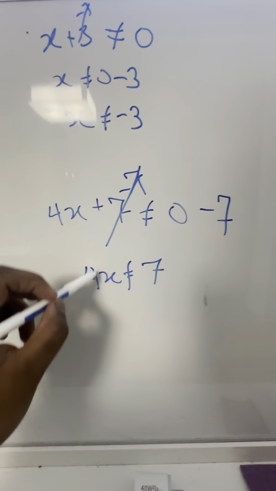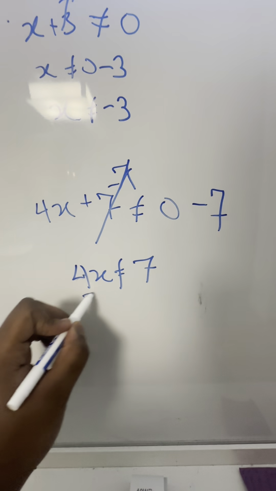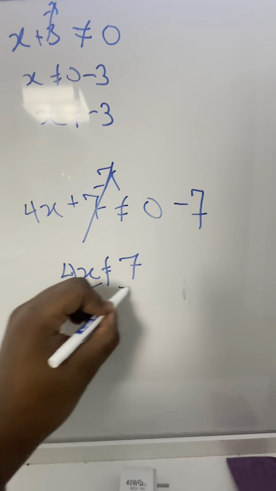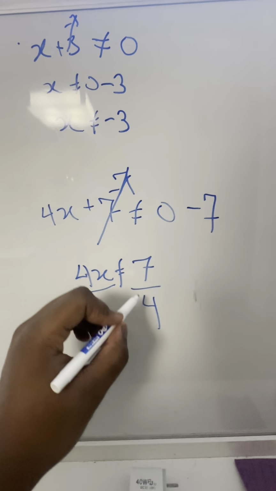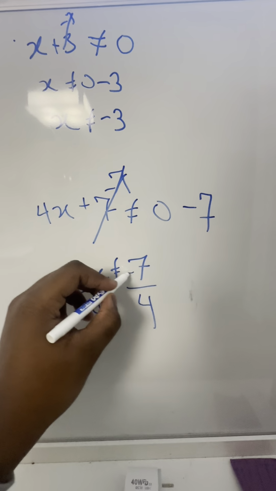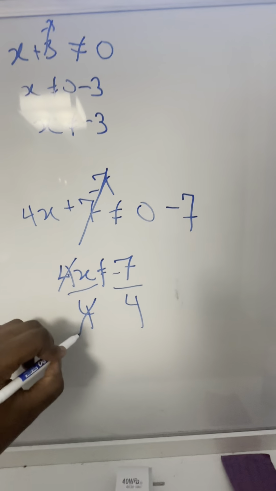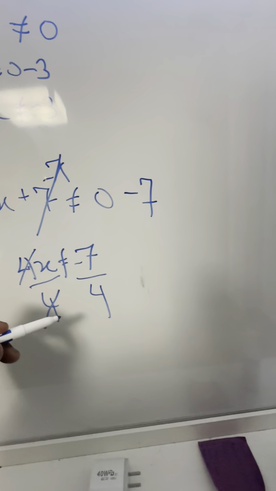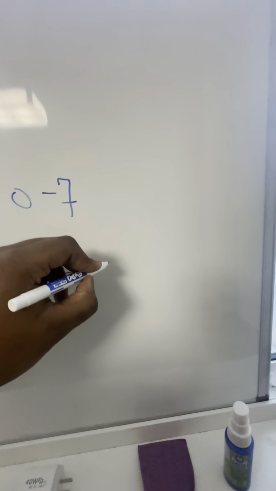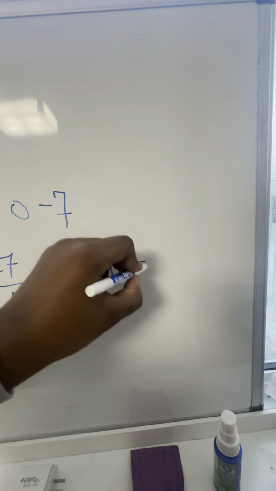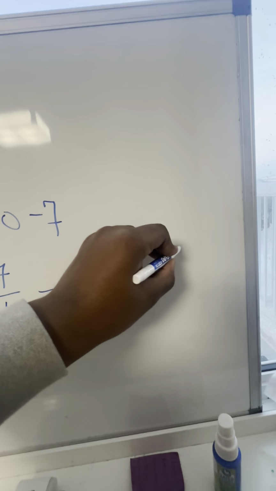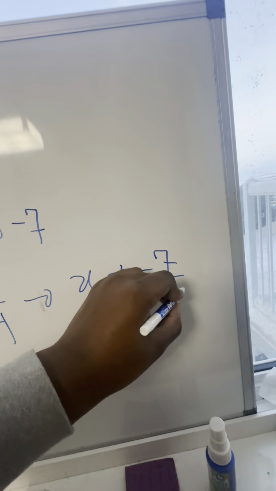To isolate the x, the 4 is attached, so you're going to divide it by 4. This cancels out. So essentially, you're left with x cannot equal negative 7 over 4.